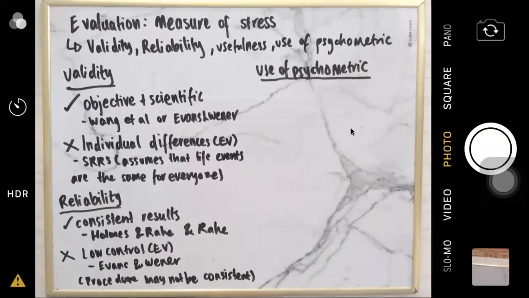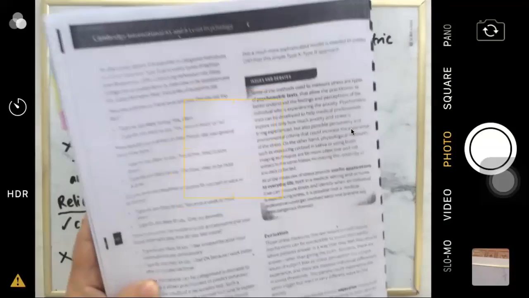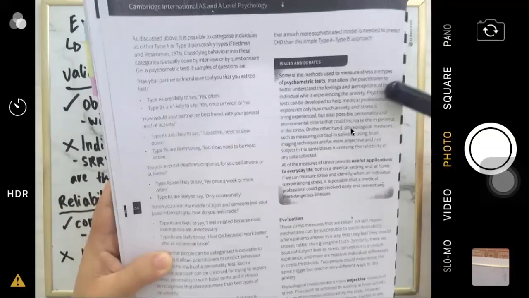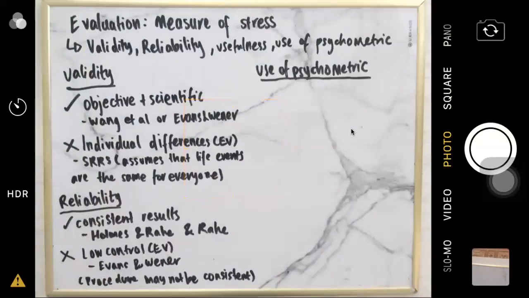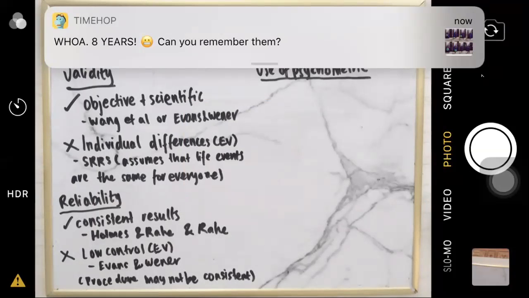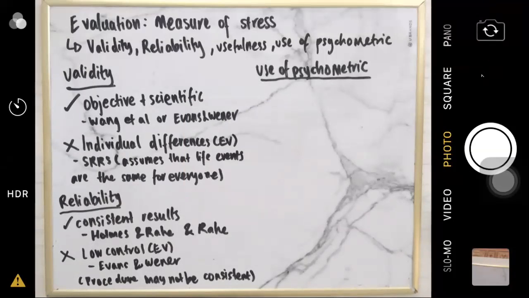Now I want you to read this page, this paragraph. So what is the strength of using psychometric tests? Okay, so what is the strength?